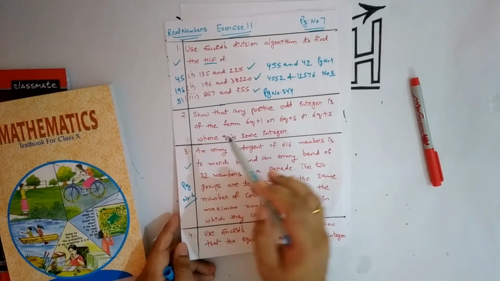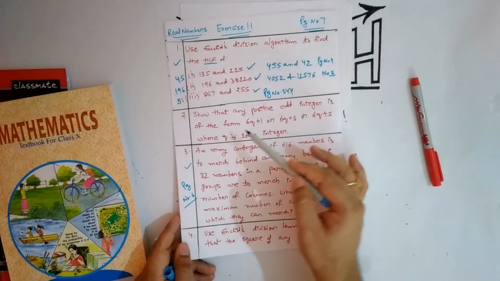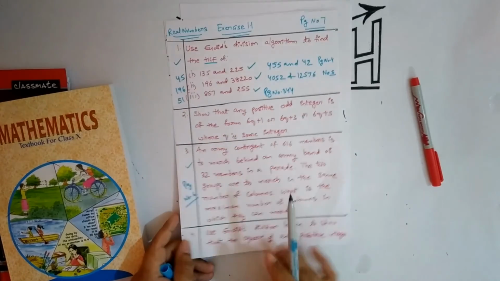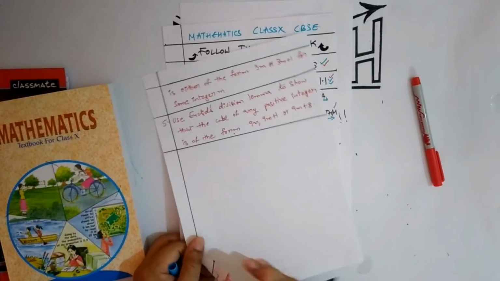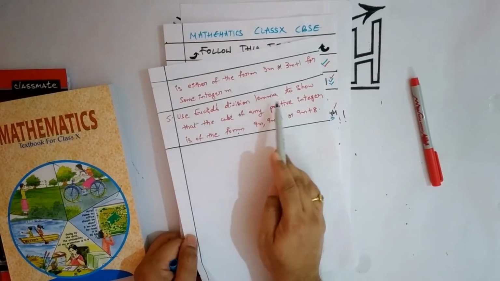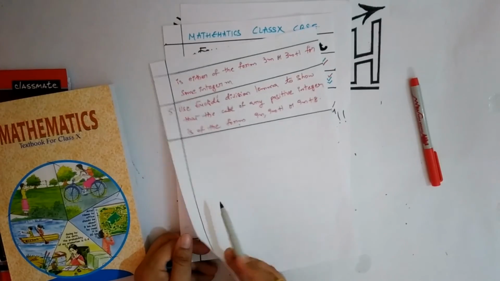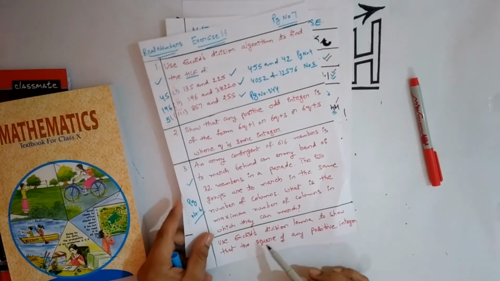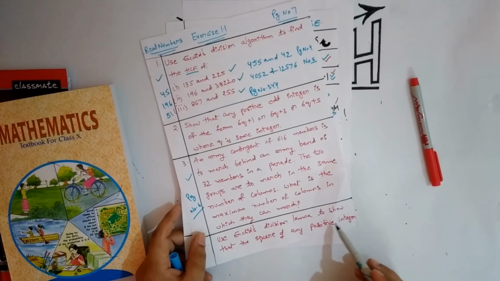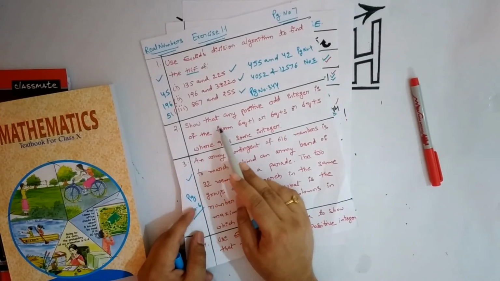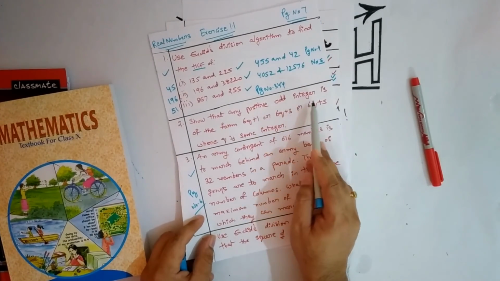And the second category is the second, fourth and the fifth question: using Euclid's division lemma, prove something. Some numbers are given, and he is asking to prove something. This one is exactly similar to what we have just solved.